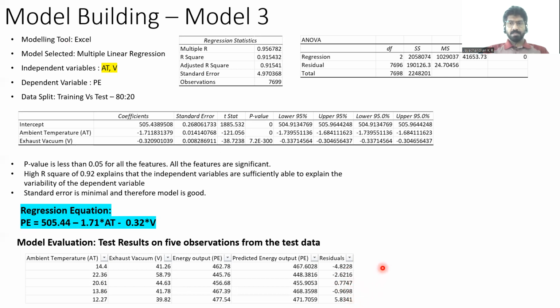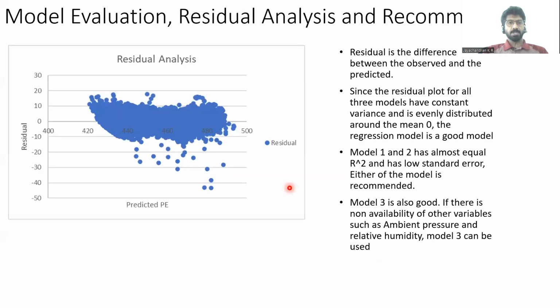So let's look at which are the best models and what can be recommended. When it comes to regression, one good thing we can do is plot the residuals. The residual plot is where you plot your residuals against the predicted output.